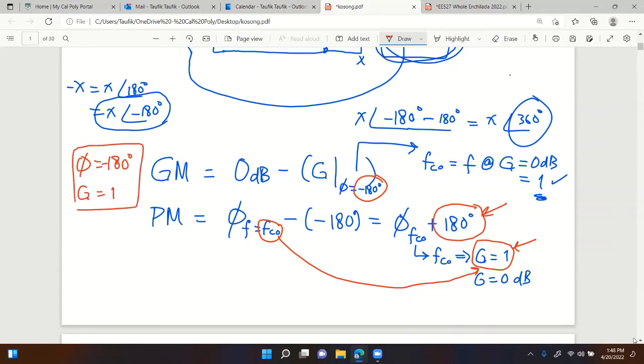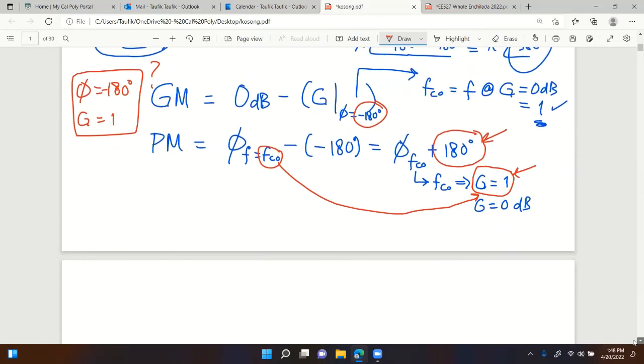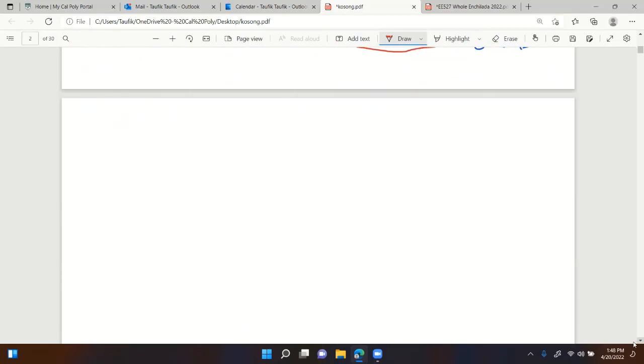Why? Why not 45 degrees and 2? Or any other angles and other gain? Well, there must be reasons for that, and one of them I already actually explained.